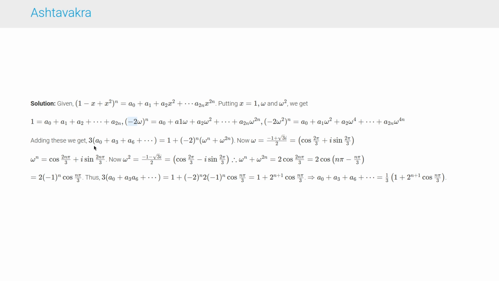Okay, so now this becomes equal to 1 plus minus 2 to the power n, this value, into this value, that is 2 into minus 1 to the power n cos n pi by 3. So minus 1 to the power n and minus 2 to the power n becomes 2 to the power n, into 2 is 2 to the power n plus 1, and into cos n pi by 3, and thus we deduce our required result.